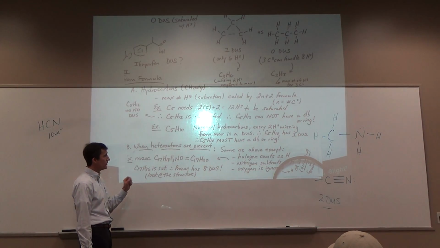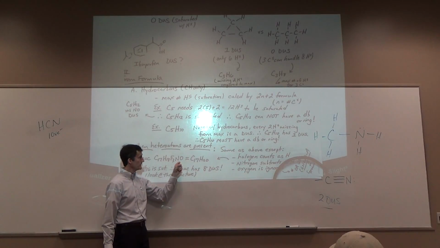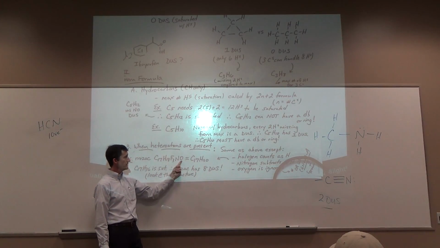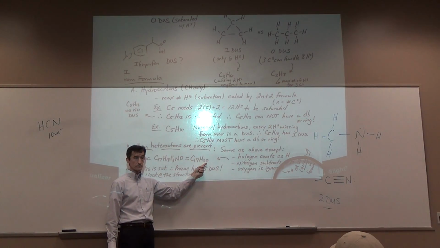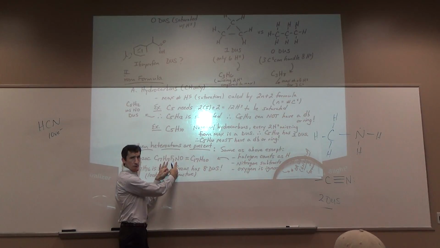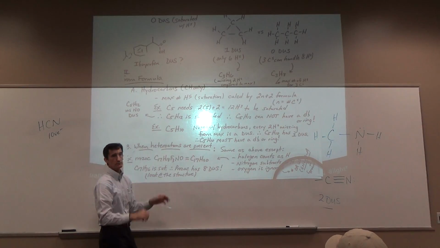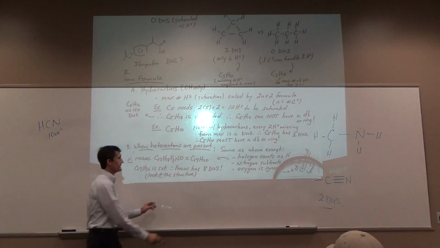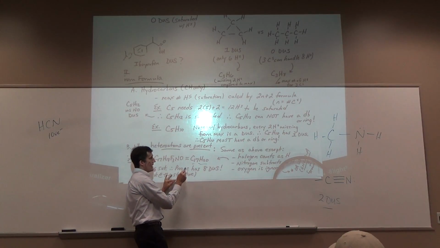Okay? So using that, I can turn this formula into C17H20 if I know what these count as. Because the F's add 3, so that makes it 21. But nitrogen subtracts 1, so I go back to 20. And oxygen, you just ignore. Now I'm going to sort out this formula.